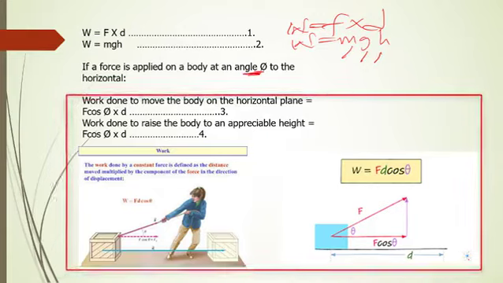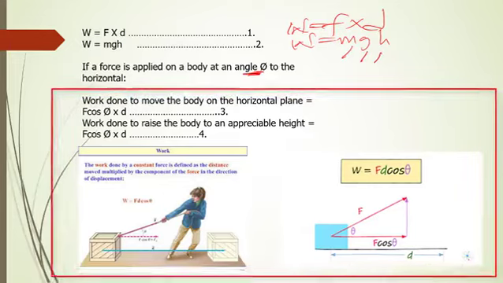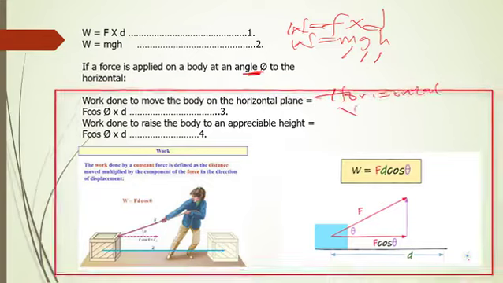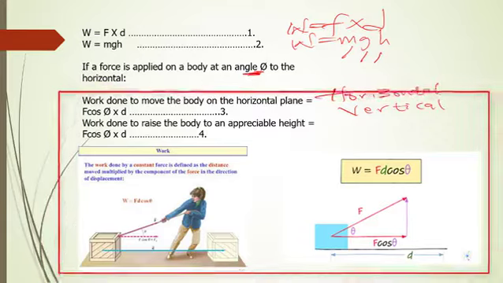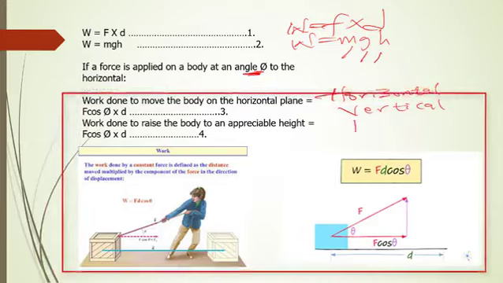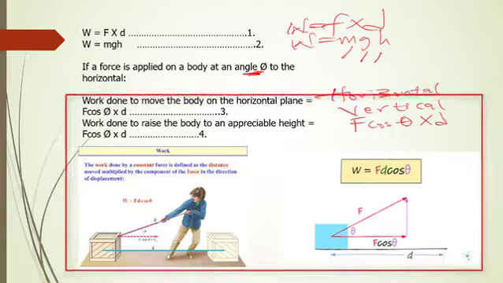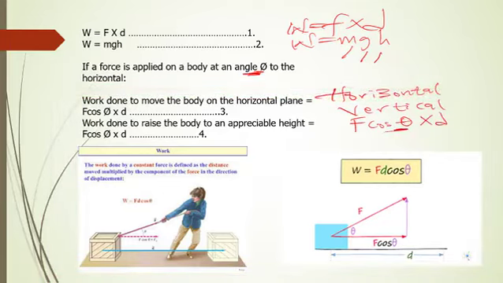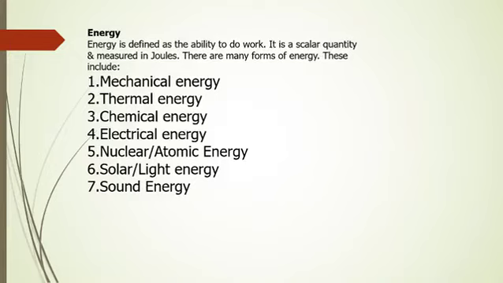It's important to note that when it comes to angles and force, we have the horizontal component of the force, and then we have the vertical component of the force. When we want to calculate the work done by a body moving at an angle, we use F cos theta times d, where theta is the angle of inclination, as you can see from the diagram below.